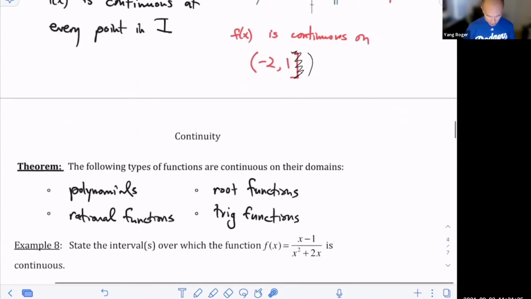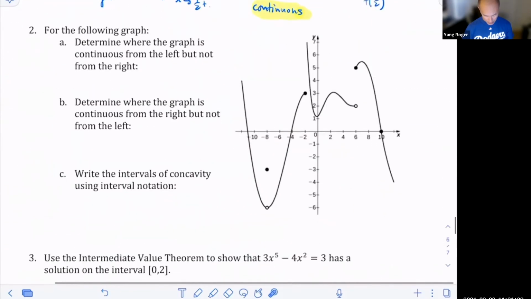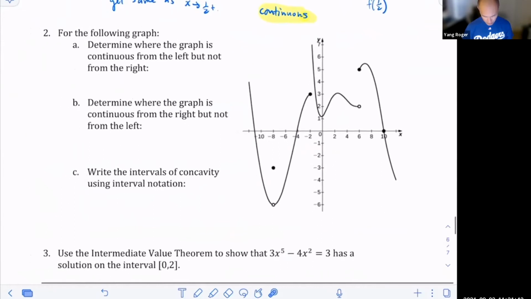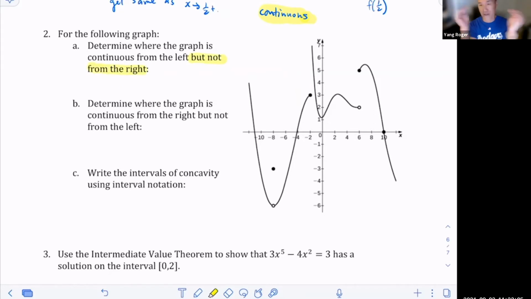So I want you to try this classwork right here. I tried to make this classwork a bit clearer than the previous example by really emphasizing, okay, determine where the graph is continuous from the left, but not from the right. When I say but not from the right, that means it has to be continuous from both directions.